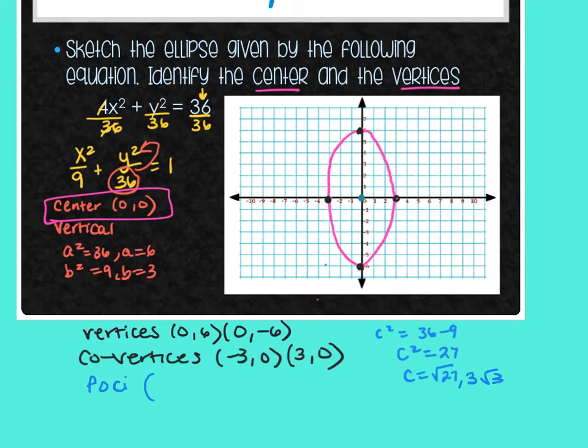Square root 27 is a little bit bigger than 5, so it's about here and here, or (0, 3 root 3) and (0, negative 3 root 3). But you didn't need the foci. I didn't ask for it this time. I just went over it just in case it does ask for it.